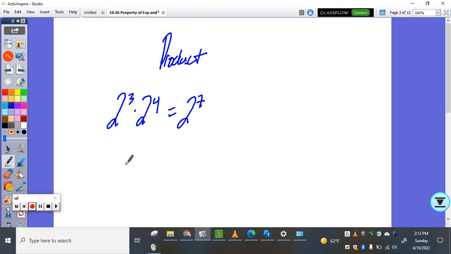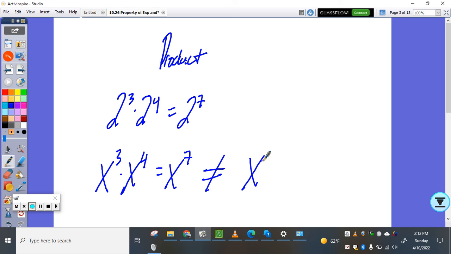The same thing happens with variables. If I have the same variable as the base, then that would be x to the seventh. This is not the same thing as saying x to the third times y to the fourth. These are not the same bases, so I cannot combine them together.